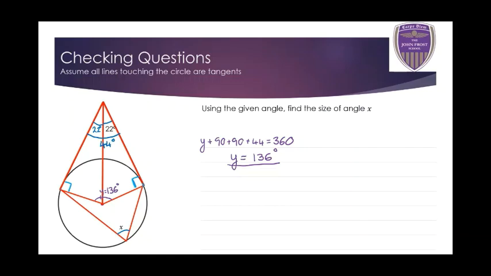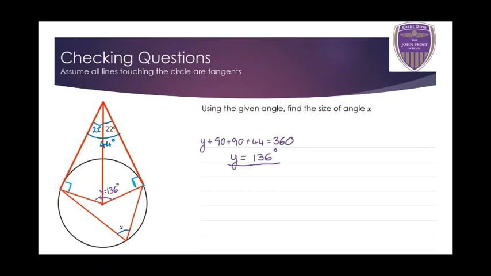Okay, now we've run out of other angles that we can find using the rule from this lesson, but there was one rule from the very first circle theorem lesson that should help you find angle X. And that is the angles at the center of circles are twice as big as the angles at the edge of a circle.